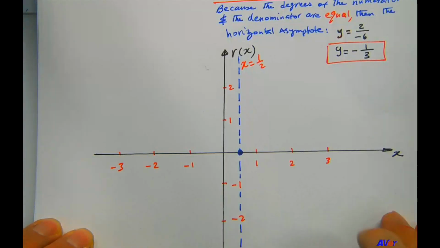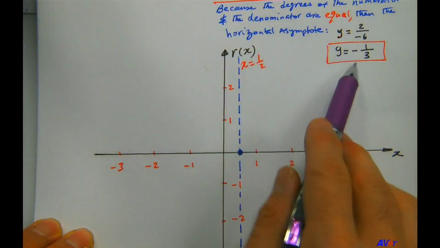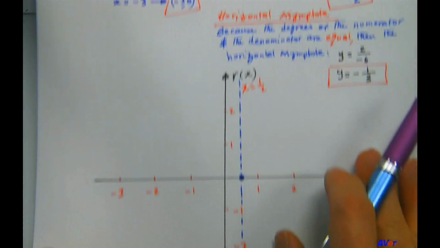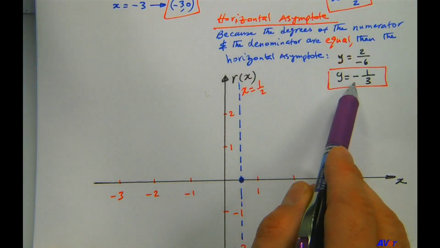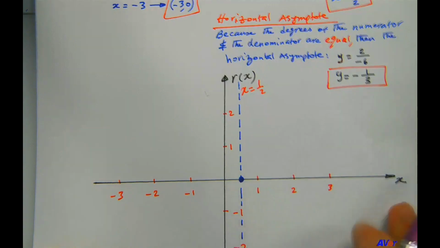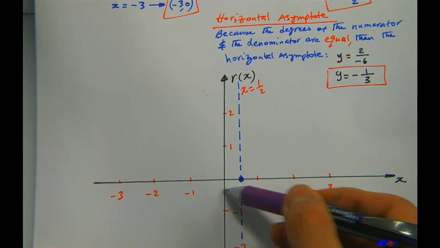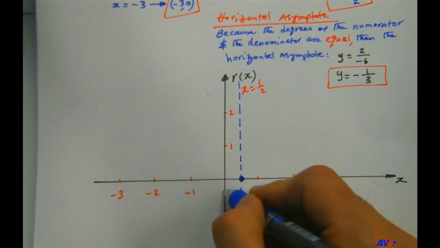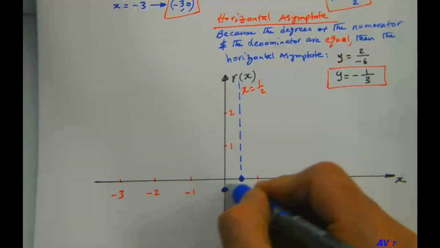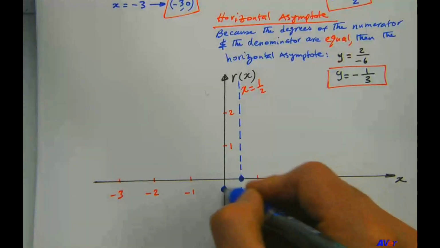And where is the horizontal asymptote? Horizontal asymptote, let me bring this down, we found is at -1/3. Okay, so if -1 is here, -1/3 would be somewhere here, 1/3 of the way from 0 to -1, almost. So right there.